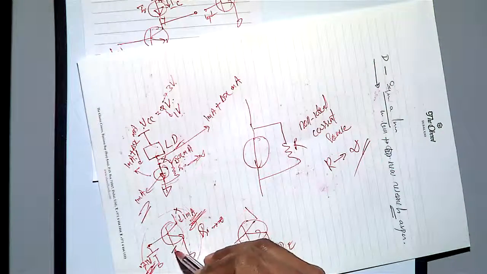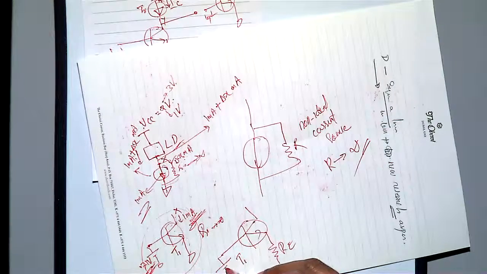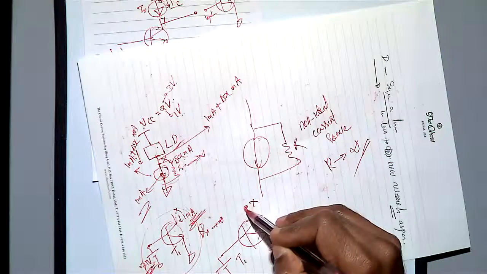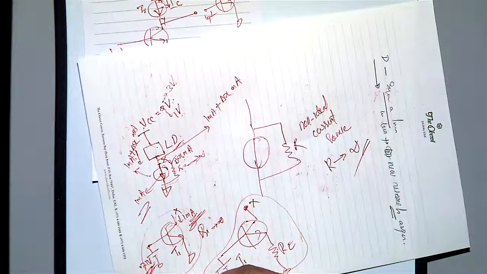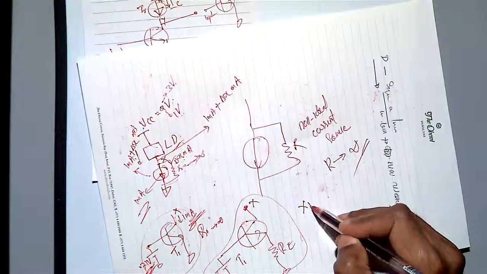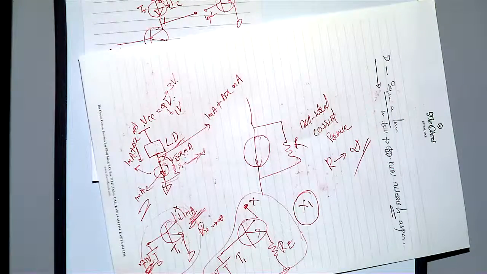Same transistor T1. Here I am going to connect 0.71 volt. Now this is my new one. So if I replace, this is X, this is X1. So if I connect this one here, what will happen?